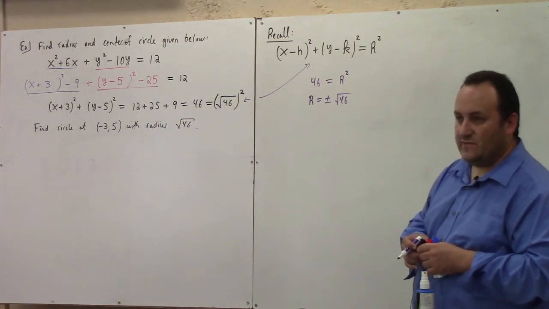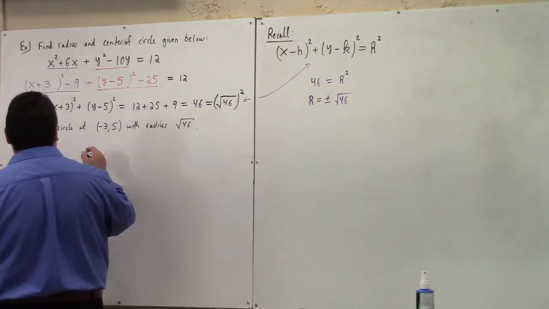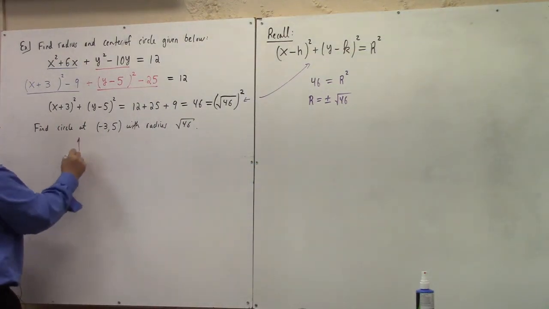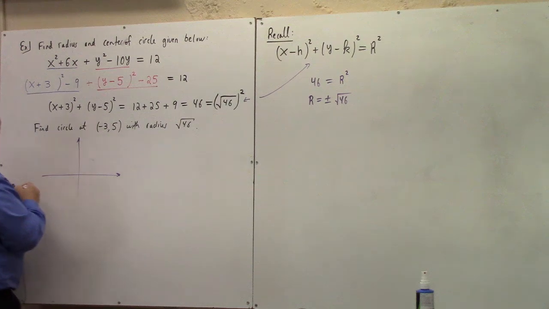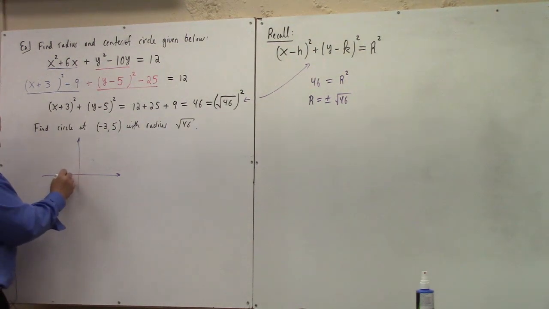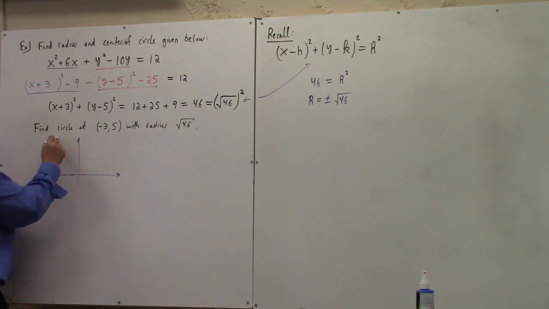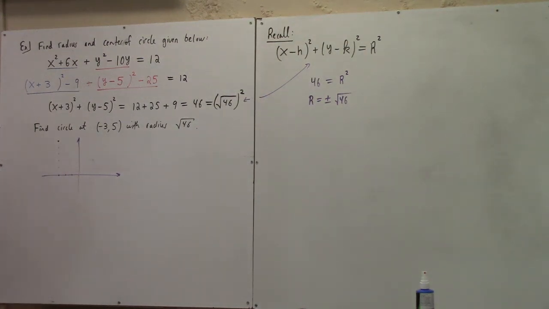Does that seem reasonable? We could draw a picture of it. Where is this circle? -3 over, and 1, 2, 3, 4, 5 up. I regret where I drew the axis at this point. The square root of 46 is between what?